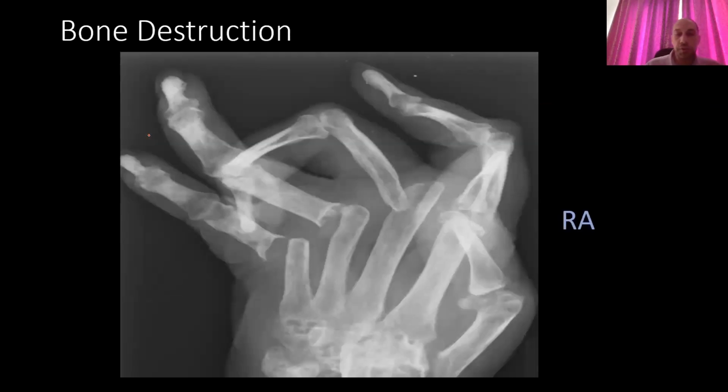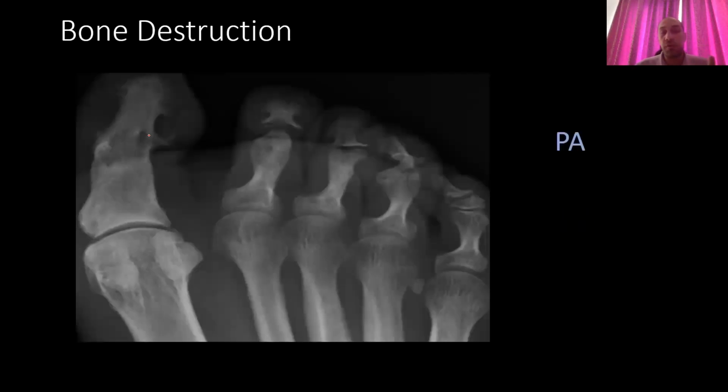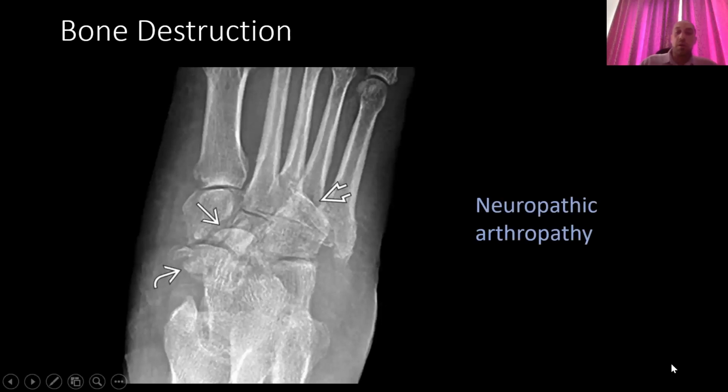The bone destruction is associated with rheumatoid arthritis, and there is also arthritis mutilans, where there is multi-level involvement and destruction of the joints. It is the neuropathic arthropathy.